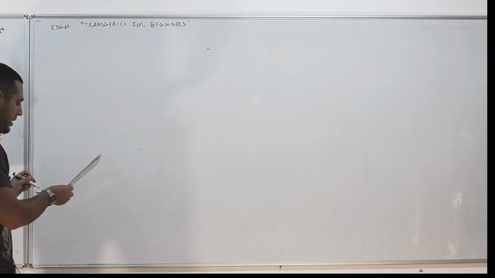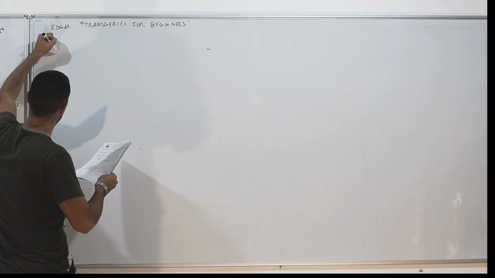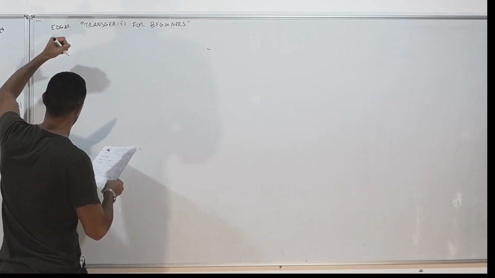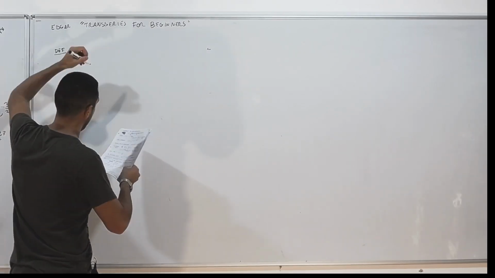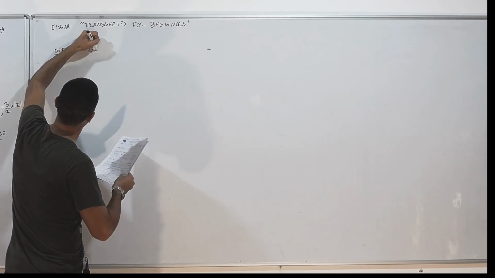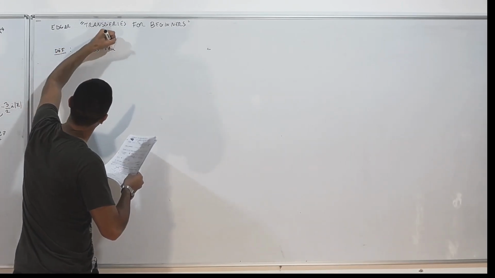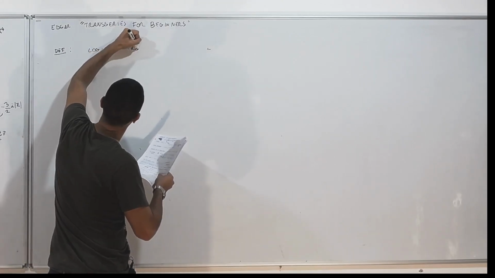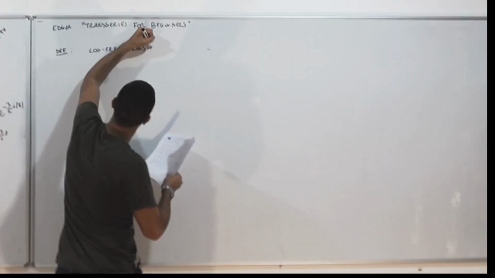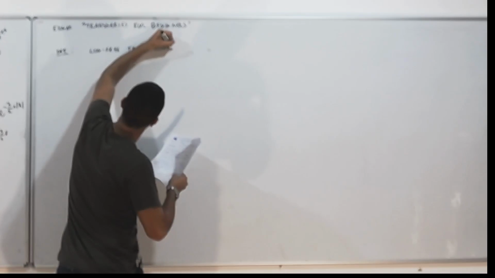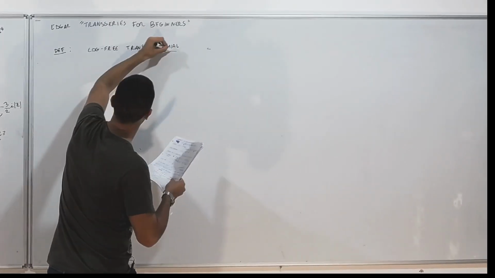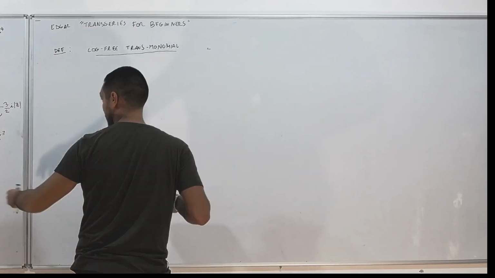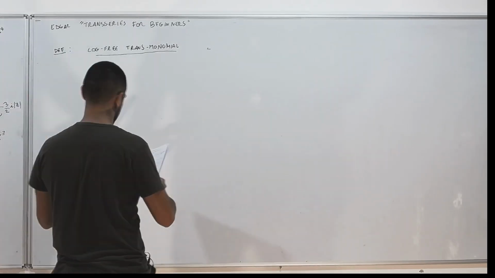In general, we define, and you're probably not going to like this definition because it's sort of circular, a log-free transmonomial, which is the building block of a transseries, something like e to the minus az, for example.